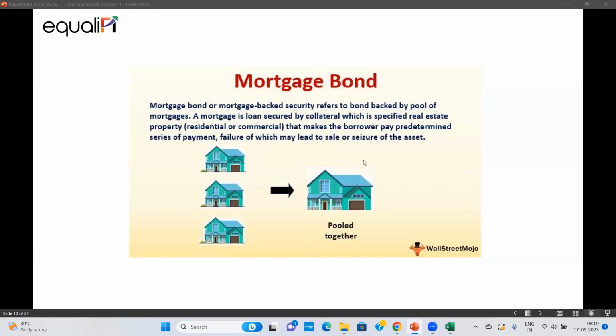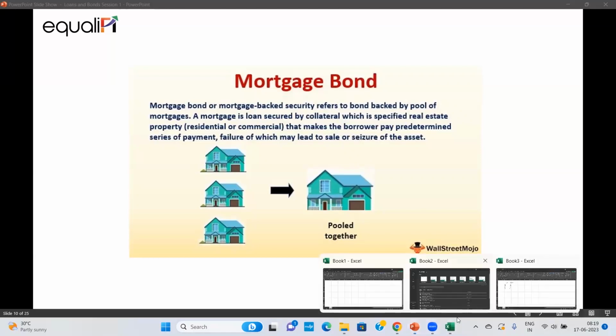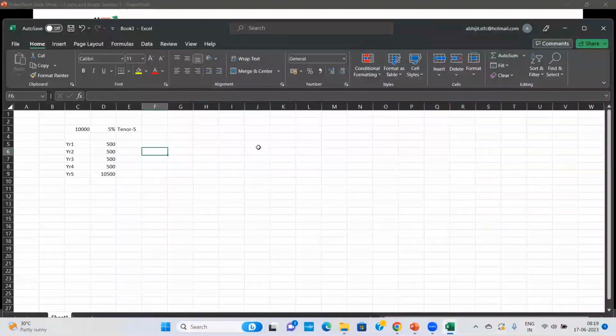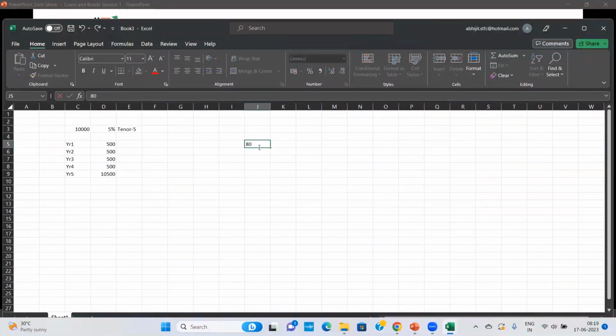So normally 70%, 80%, 90%, we go up to 90% also. So what happens? Say my portfolio size is, you can see my Excel, right? If my portfolio size is 80 CR, ideally the asset backed securities should be 100 CR normally.